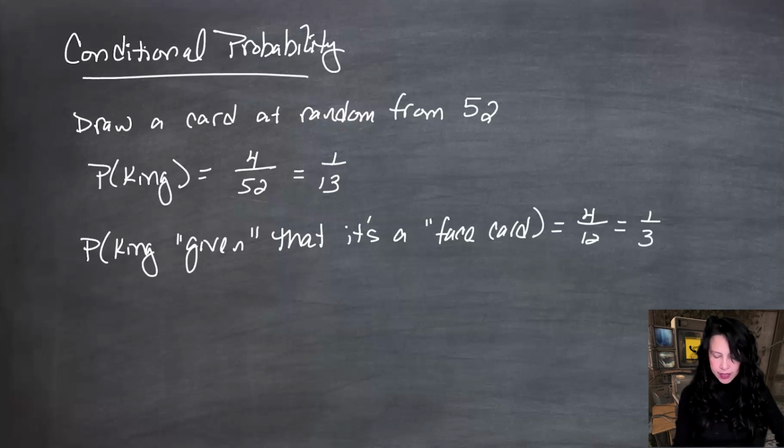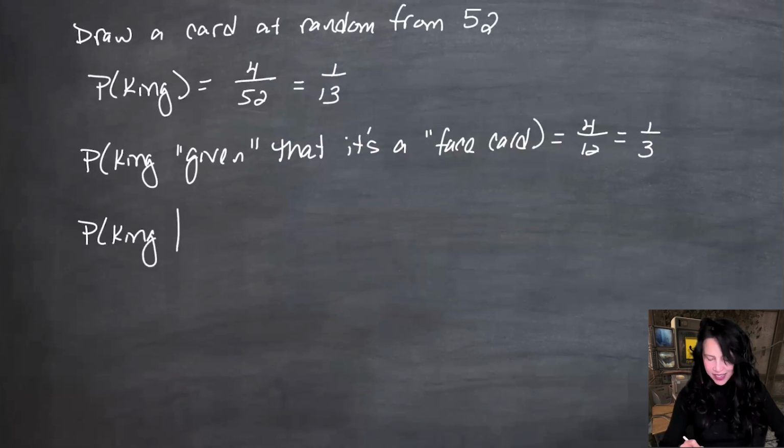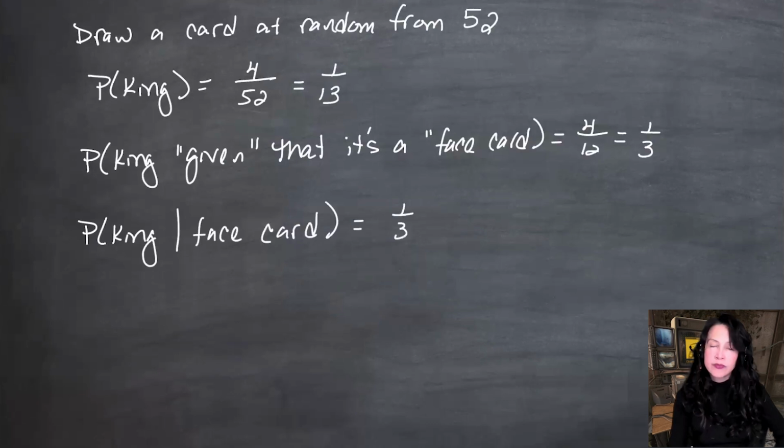And I'm sure you've all seen this before. I'm not exactly sure, or I wouldn't be talking about it, but this is probably insulting to you. I'm not going to spend too long here. But the way we would write this is a vertical line representing the given and then the two events.